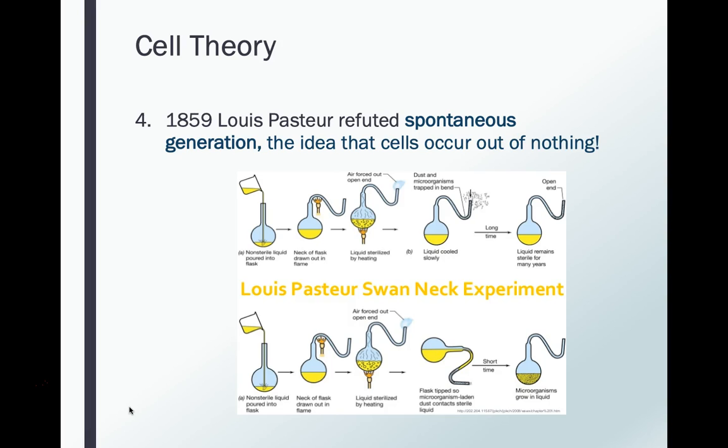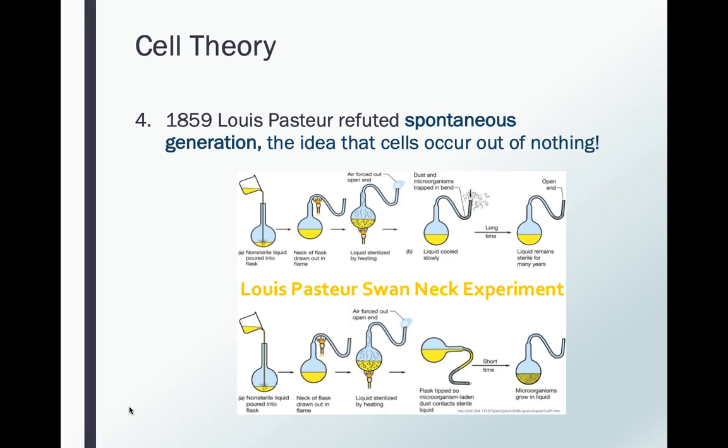He was the first one to show that spontaneous generation, or the idea that cells could come out of nothing, was incorrect. We have this experiment here that looks quite complicated, but it actually is not. What he did was put non-sterile liquid, something that contained living organisms, into a flask.